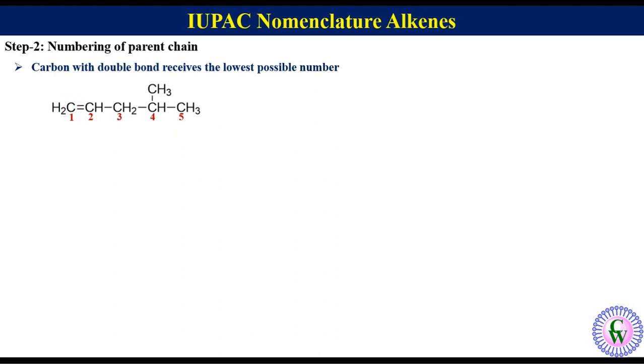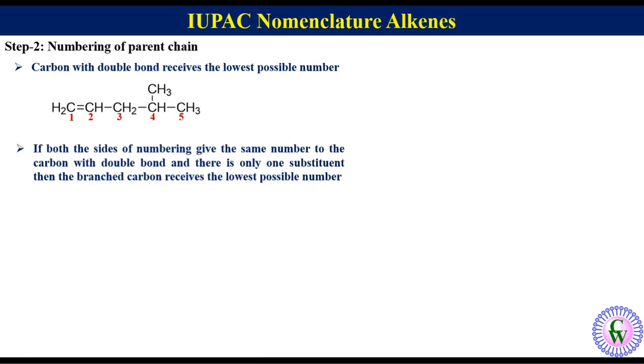One thing which is to be noted is that when there is alkene and substituent both, then alkenic carbon gets the lowest possible number. If both the sides of numbering give the same number to the carbon with the double bond and there is only one substituent, then the branched carbon receives the lowest possible number.